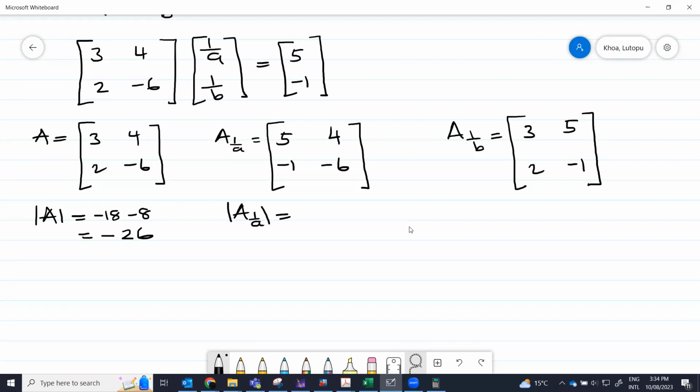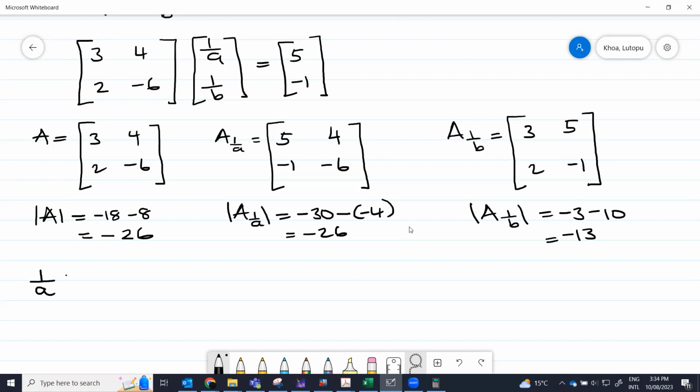This is 5 times minus 6, which is minus 30, then minus negative 4. This is also minus 26. Then the determinant of A, 1 over b. This is 3 times negative 1 minus 10. This is minus 13.